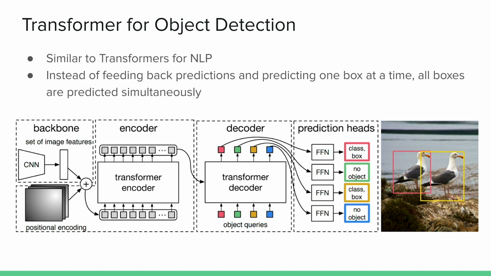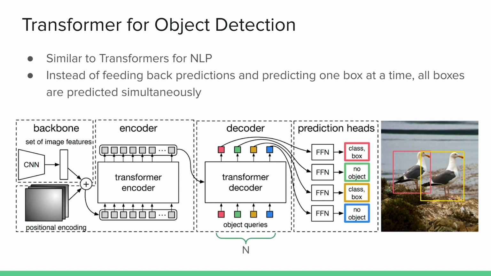They have these so-called object queries in their outputs, in the decoder, that are fed into the transformer. And for each of these object queries, they produce one output prediction that is then classified and refined with a final feed-forward network in the end.